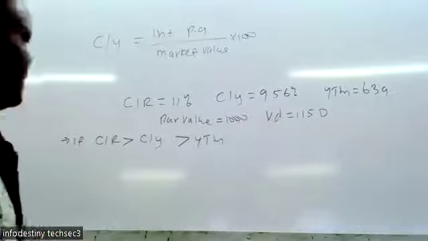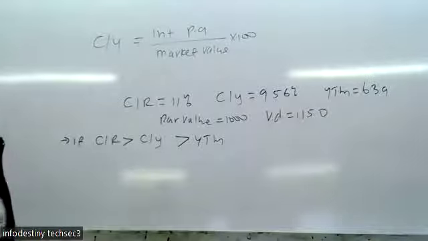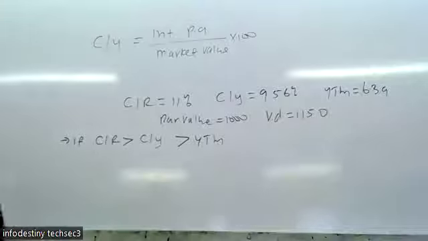So we are saying that if the coupon rate is greater than the current yield, which is greater than the yield to maturity, then the bond will sell at a premium.